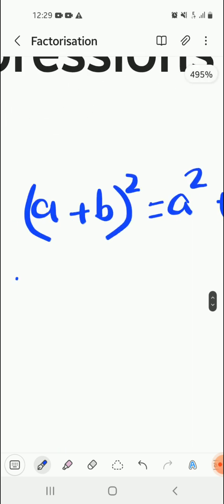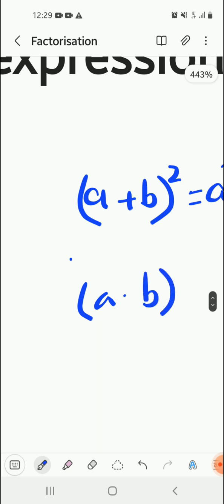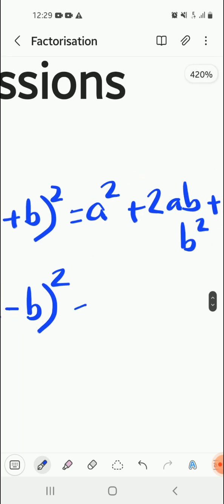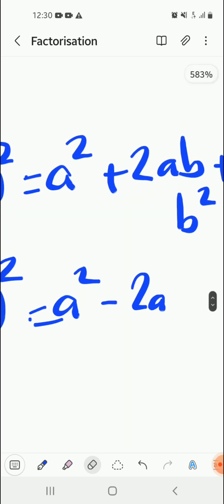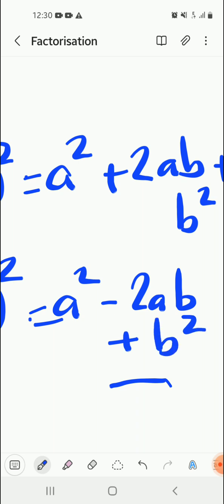And another formula is (a minus b) whole square, that is a square minus 2ab plus b square.